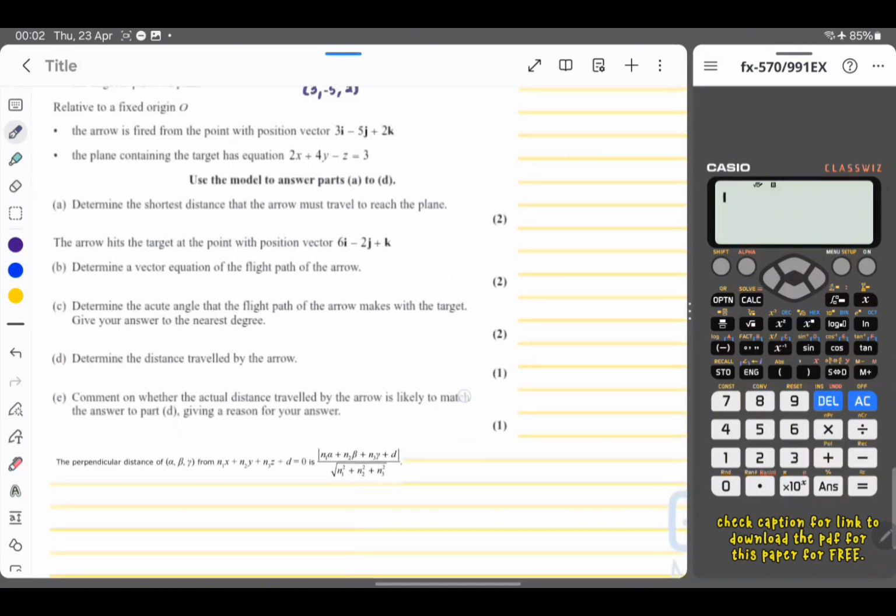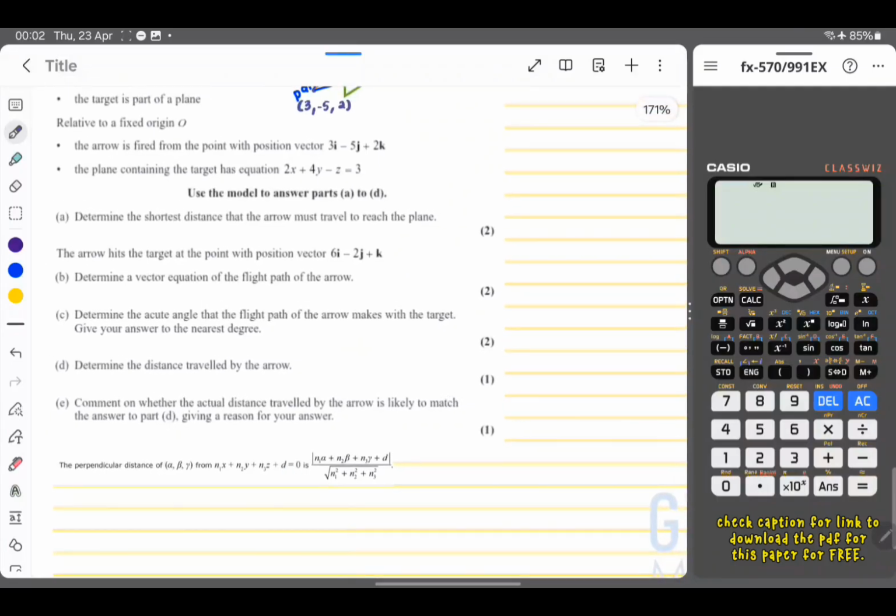Okay, so let's answer question A. To answer this one, they actually give us the formula in the formula booklet. So what we need to do is rewrite our plane equation. Our plane equation would be 2x plus 4y minus z minus 3 equal to 0. So based on this, our n1 is 2, our n2 is 4, our n3 is -1, and our d is equal to -3.